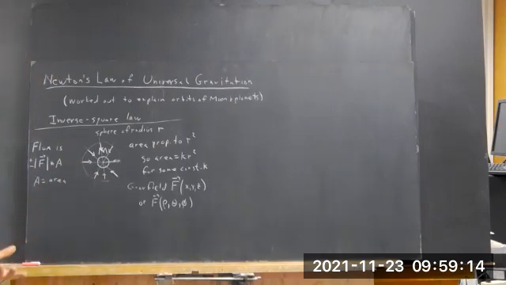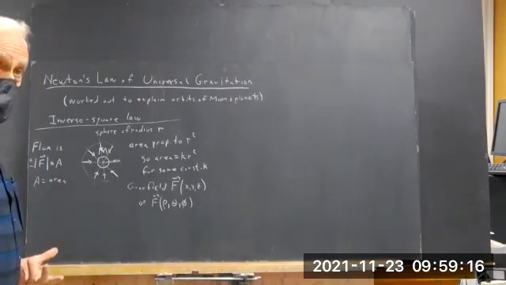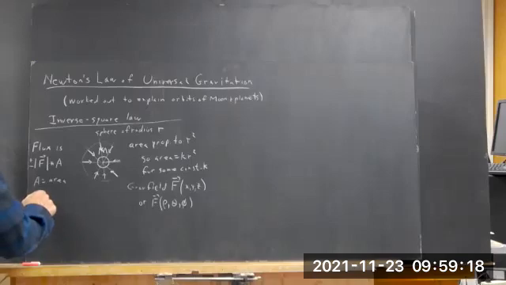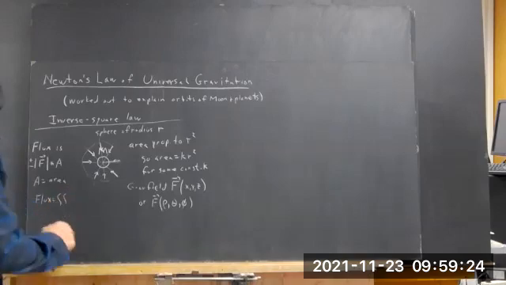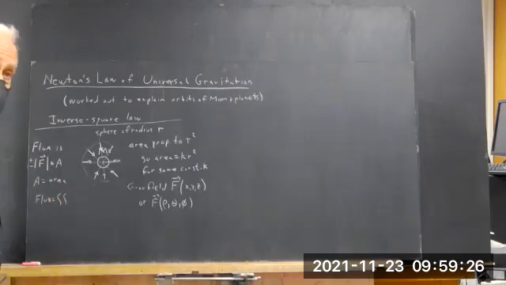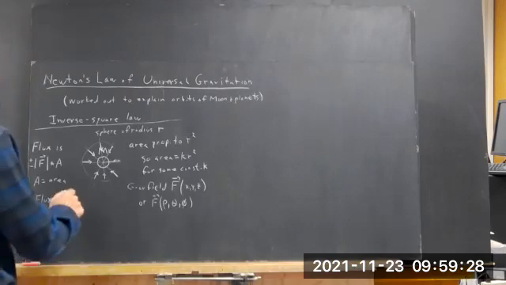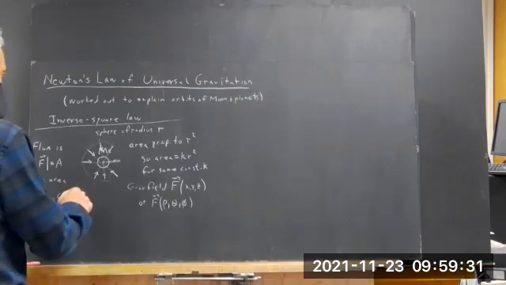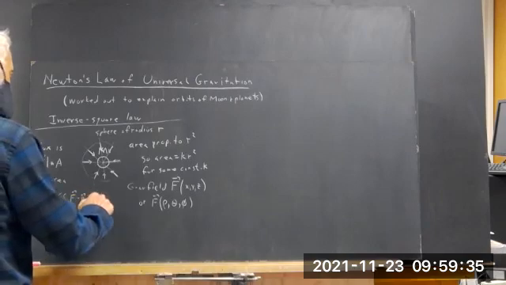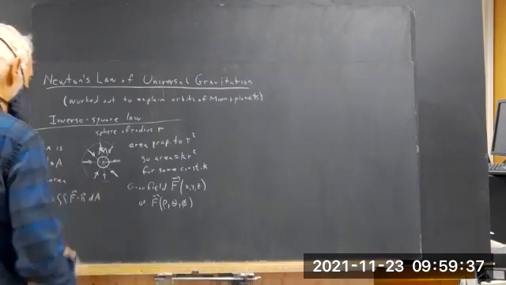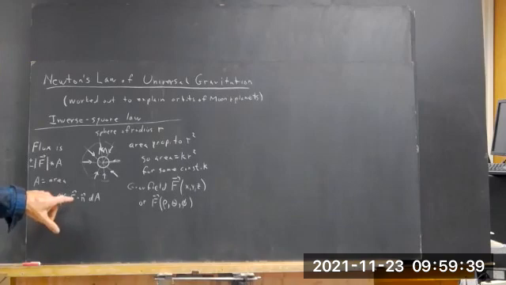Now we can put that into multivariable calculus. The flux is the double integral over the surface. We haven't done surface integrals yet, of summing up the field dotted with the normal vector.